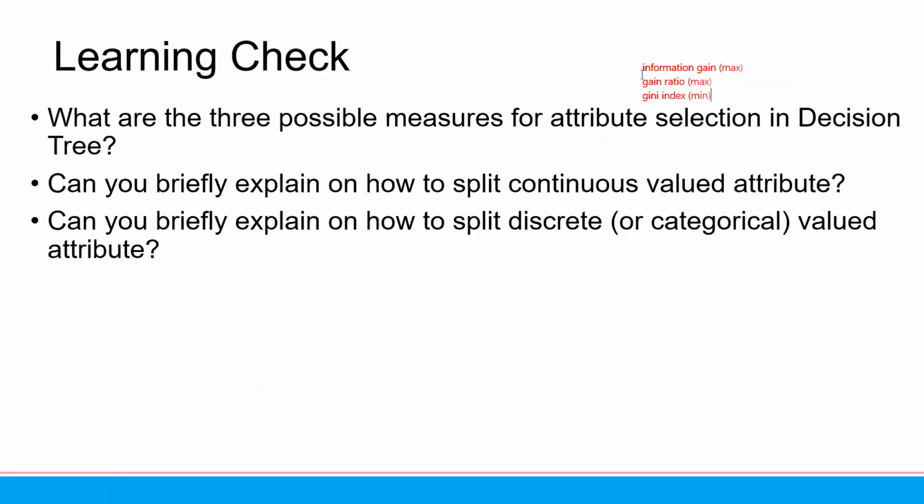Can you briefly explain how to split a continuous value attribute? Okay, it's a long process, but the simple steps are, first you need to sort the values. After you sort the values, you can scan linearly, which means you scan one by one and find the mid value.